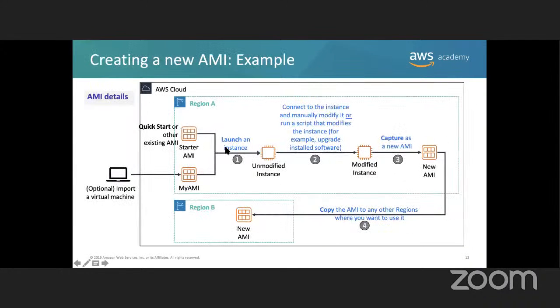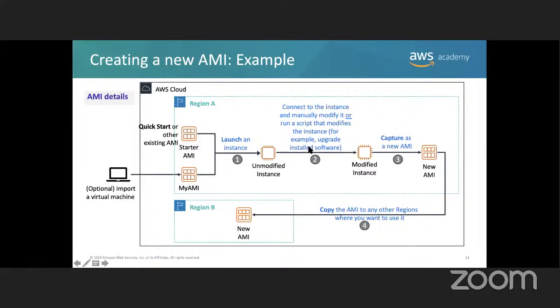And then you choose to launch an instance. You can use the quick start AMI, or you can use your own AMIs, whichever you have. Then you launch the instance. Now the AMI can be modified: you connect to the instance and manually modify it, or run a script that modifies it, for example upgrade the instance or install software, like an Apache server.